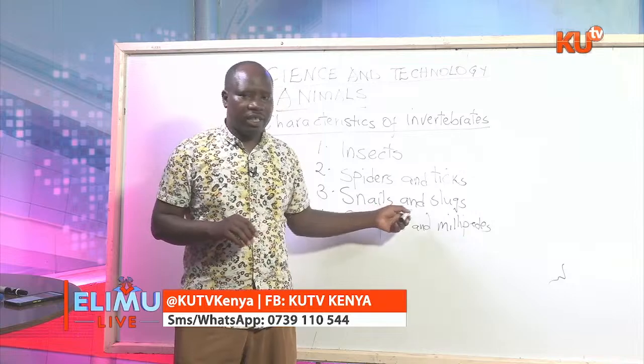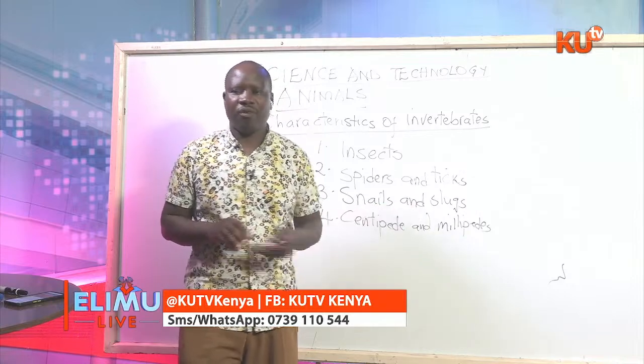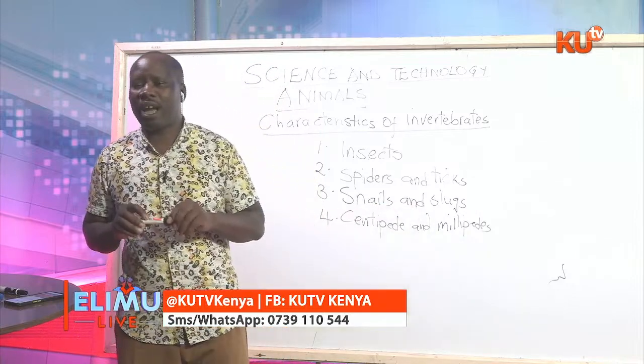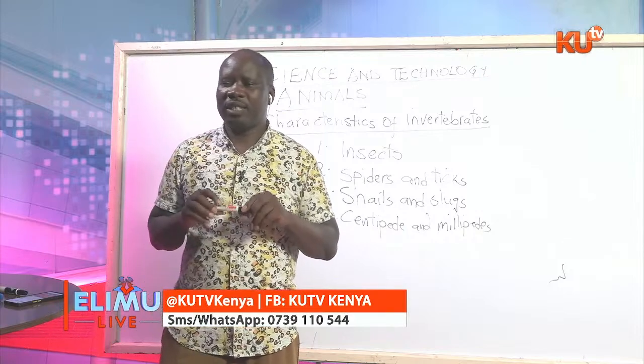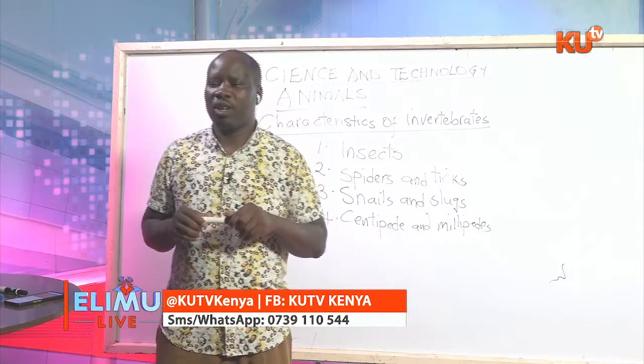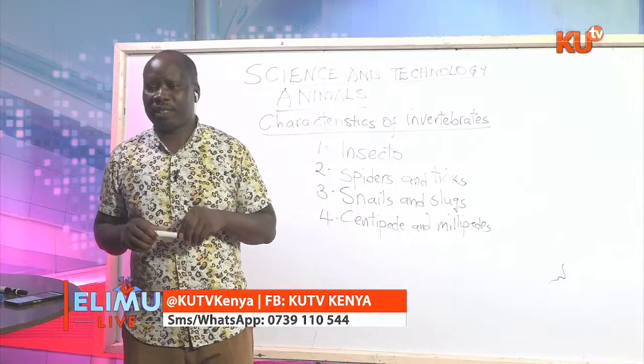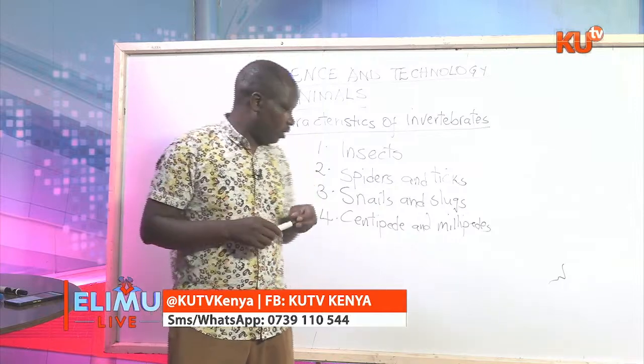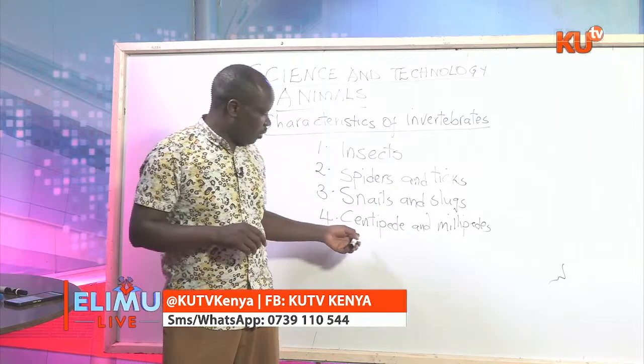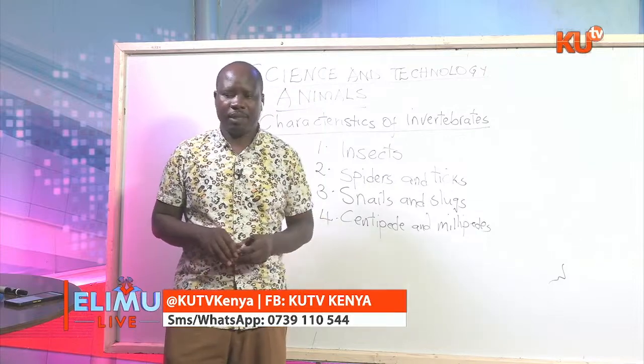And how do they move? They do not have legs. They do not have wings. They have a muscular foot. And they use this muscular foot to crawl on slimy mucus that they produce. Finally, we've come and looked at the centipede and the millipede.